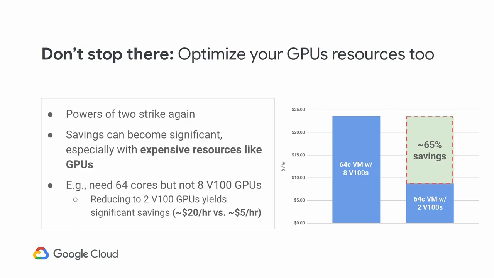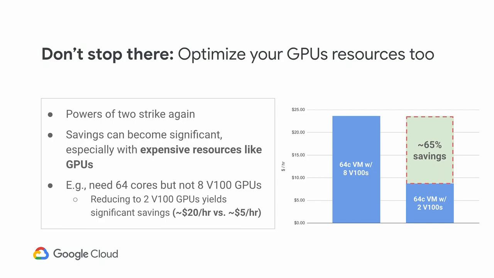In the power of two world, there's a fixed ratio. If you want 64 cores, you have to get 8 V100 GPUs. But let's say you only need 2. Well, you don't have that option in the predefined world or the powers of two world. With Compute Engine, you can go ahead and create that 64-core VM and attach 2 V100 GPUs. And there's significant savings here, right?